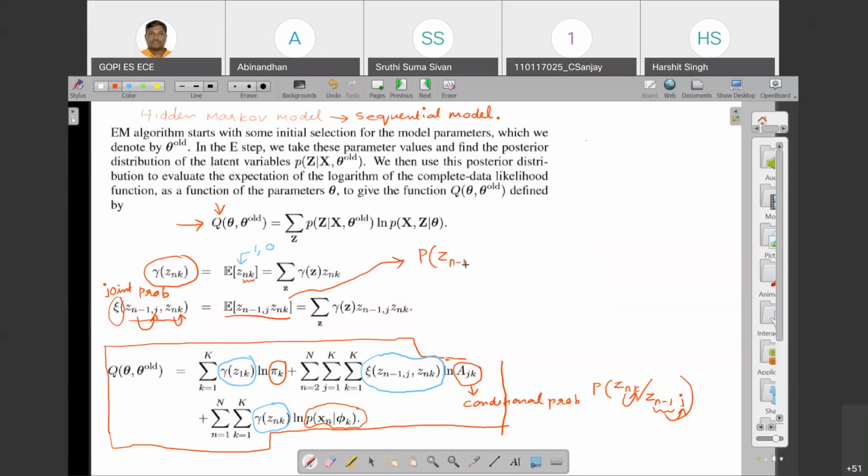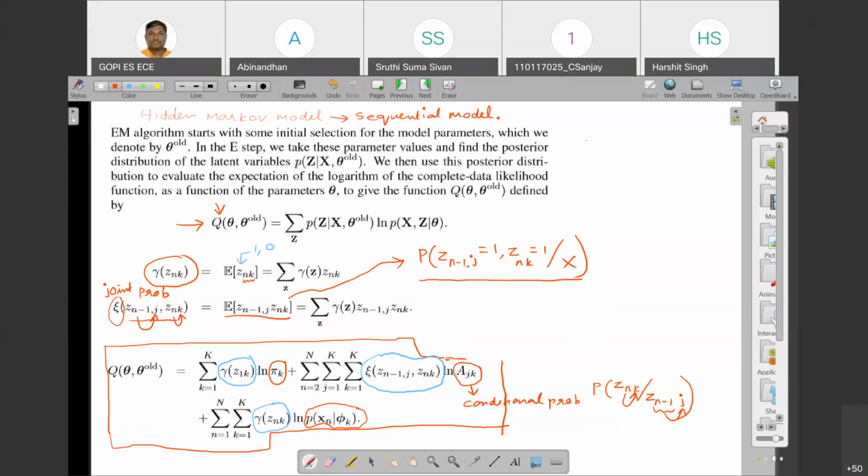Z n minus 1 j equal to 1, and let me write Z nk equal to 1 given x. So this is the probability I'm talking about. That is a joint probability, of course, conditioned on x. That is what theta indicates.